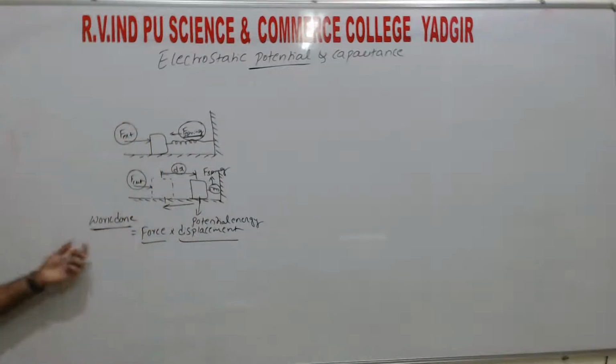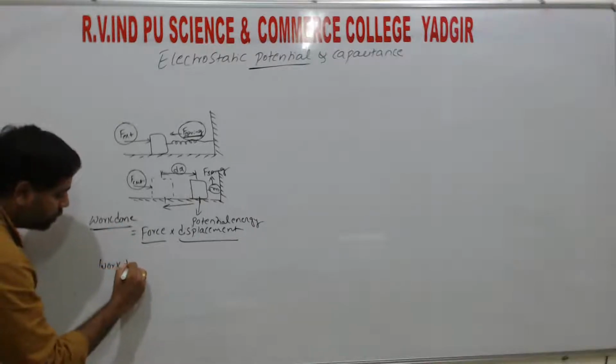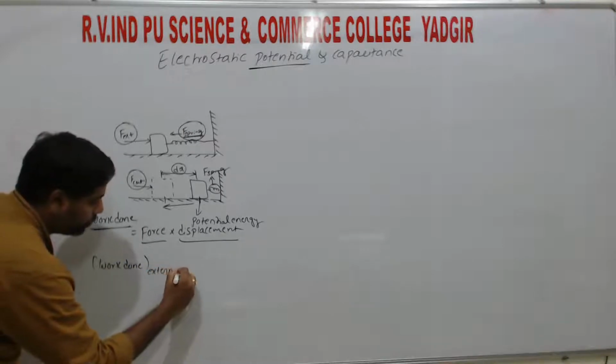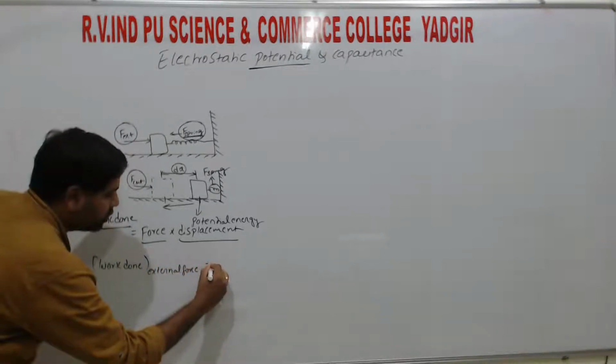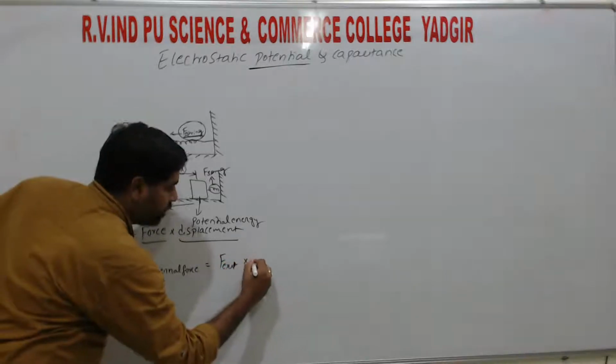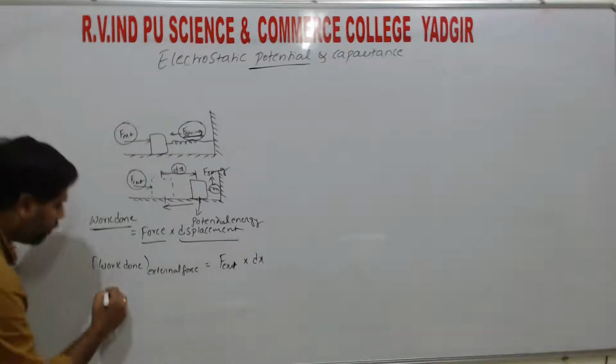So here we have two work done, right? Work done due to external force is equal to force external into the displacement we took, dx. One more work is there.